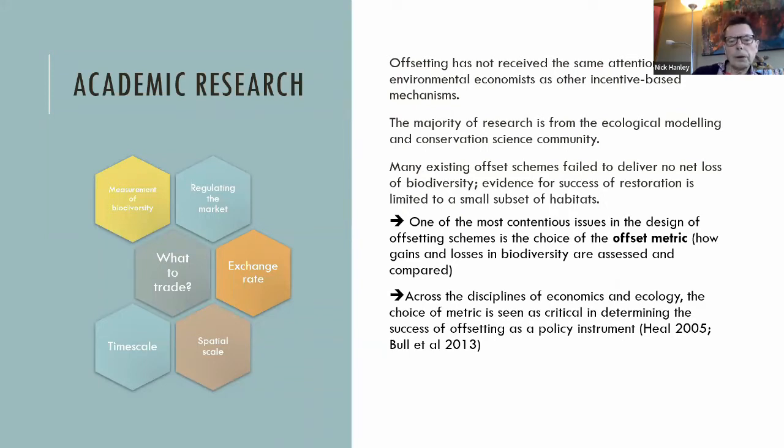And today I'm going to talk most about the currency or the metric in which a biodiversity market might operate. And rather early on, people like Jeff Heal and Joe Bull from Economics and Ecology were suggesting that the choice of the metric is going to be probably one of the most important things that the regulator does in establishing the rules of this created market.